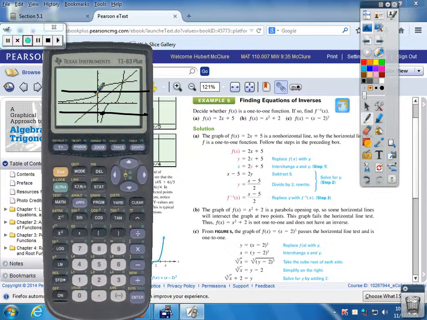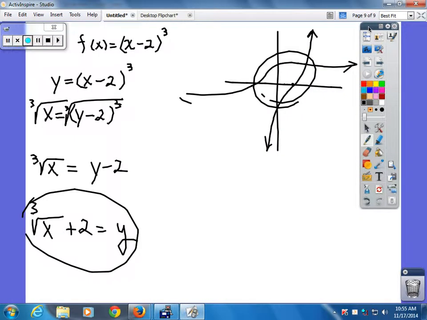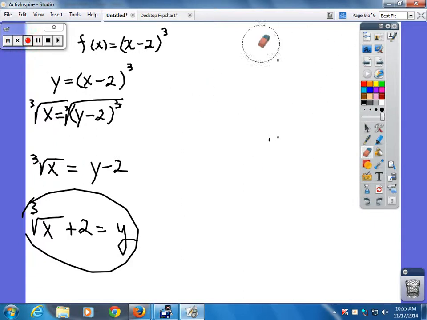How do we check it algebraically? F composed of G and G composed of F, right? So let's do that. You won't be practiced, so when I give it to you on a test, you won't just leave it blank.